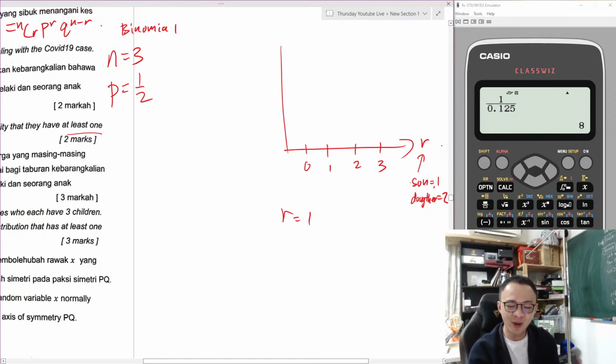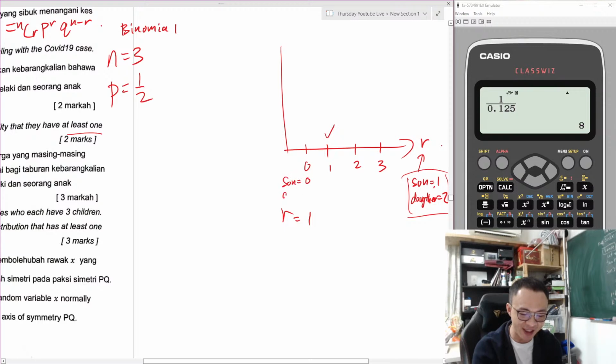So does this one fulfill at least 1 son and 1 daughter? Yes, right? So 1, yes. How about 0? Definitely son is 0, which basically means daughter, you will get 3, isn't it? This one doesn't fulfill the condition because they say at least 1 son and 1 daughter.